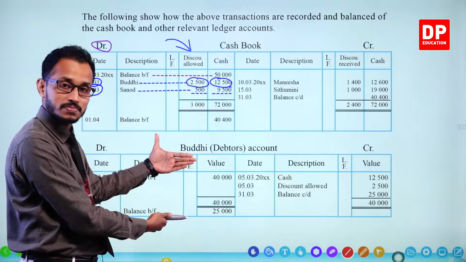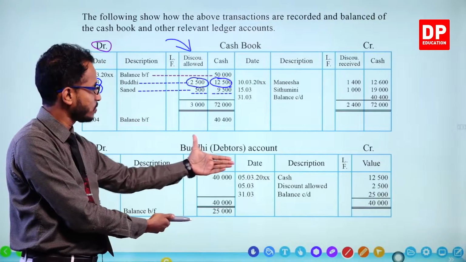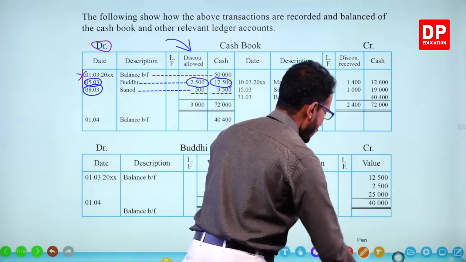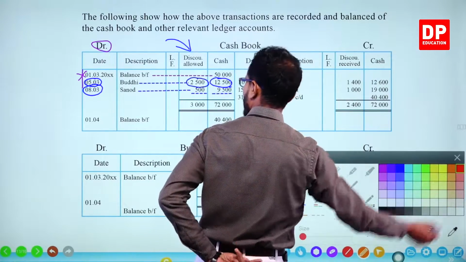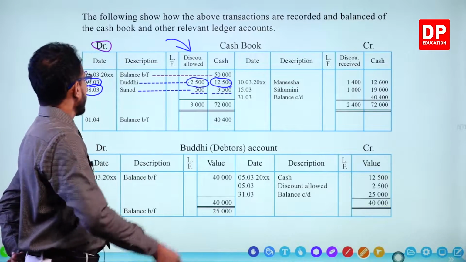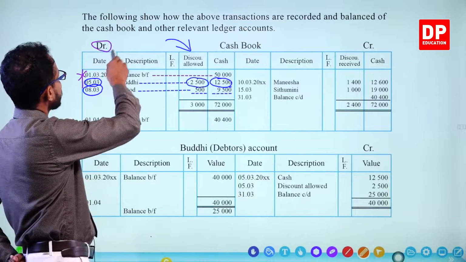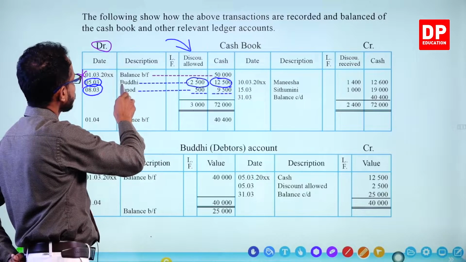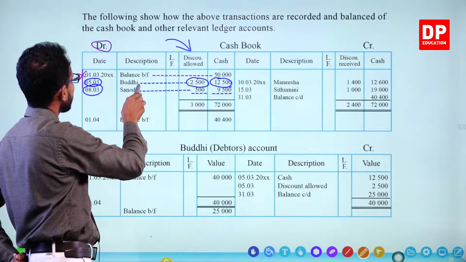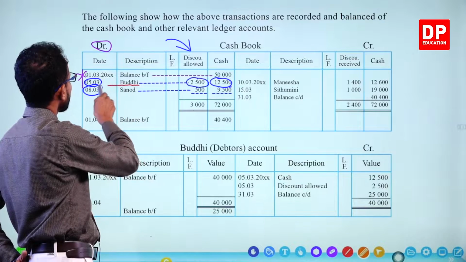This is Buddhi's account. All right. Let's see how Buddhi's account is recorded. It's debited in the cash book, children. So Buddhi's account should be credited. This entry should go to Buddhi's account.